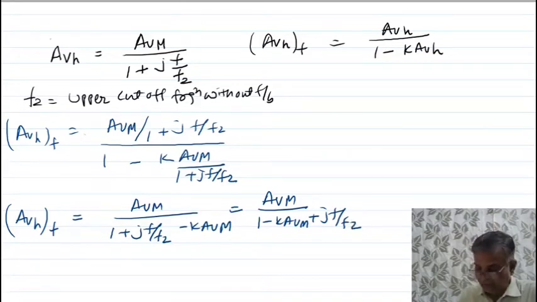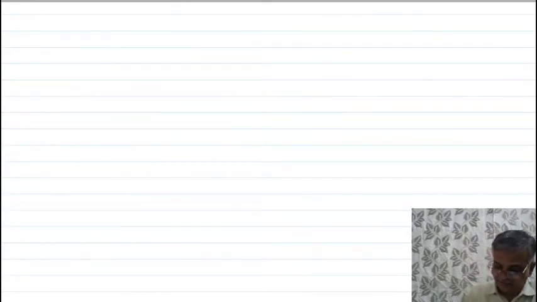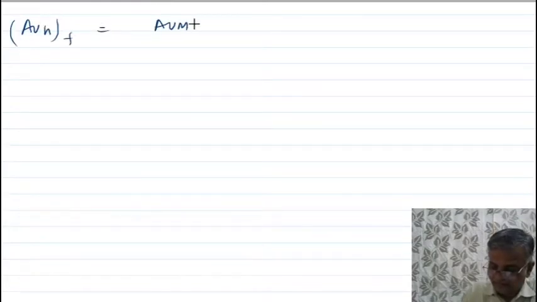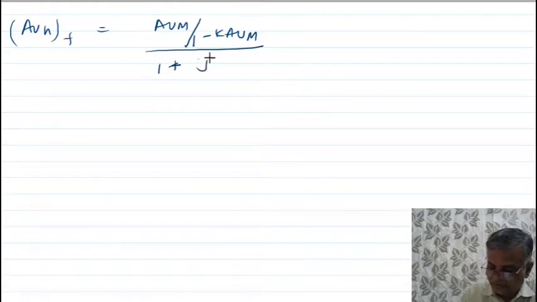I am dividing numerator and denominator by 1 minus k AVM, and you will get 1 plus jf upon f2 into 1 minus k AVM.